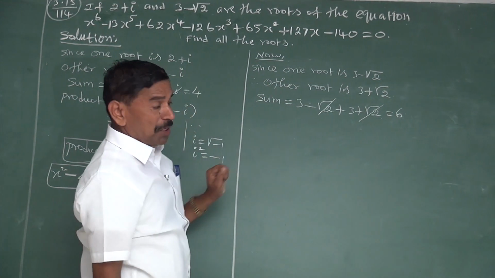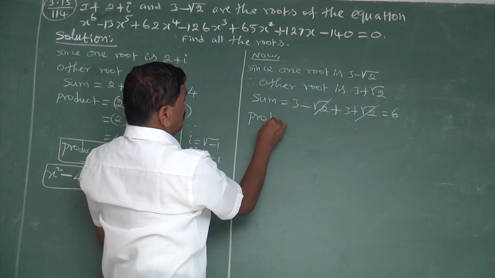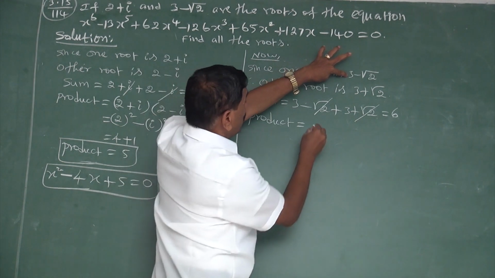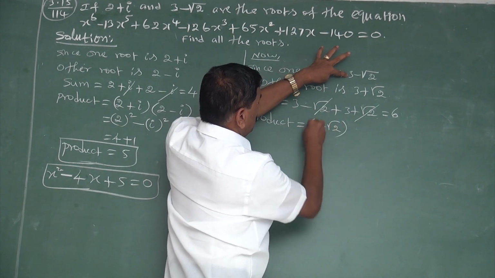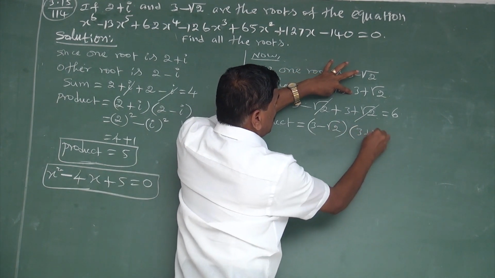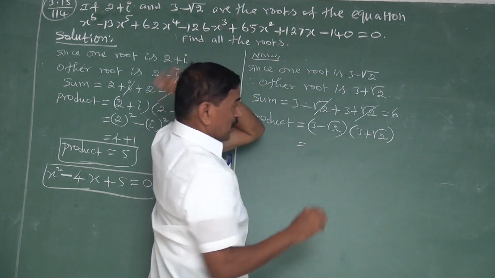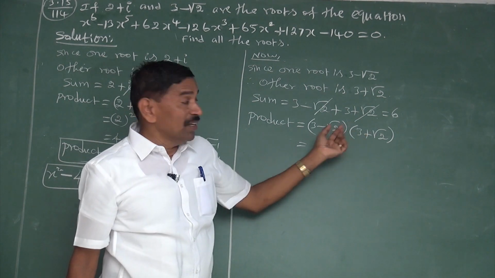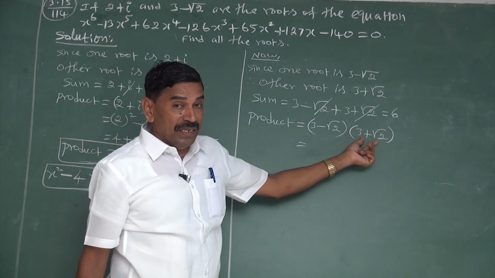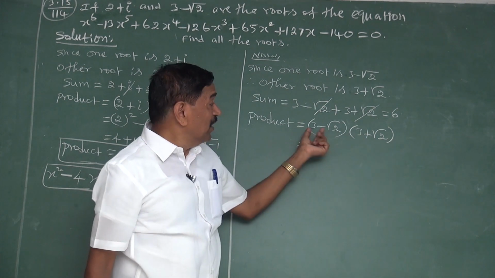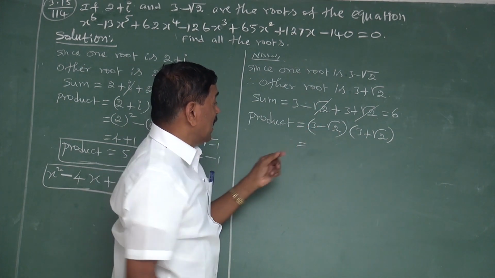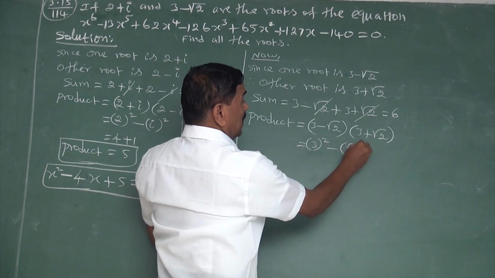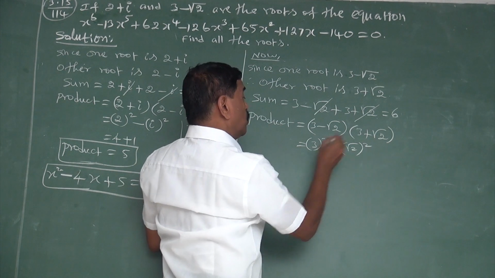Now I want to find the product of the roots. The product of the roots is equal to the first root, 3 minus root 2, into the second root, 3 plus root 2. Now again, can you tell me what form it is? Good. That is a minus b into a plus b, which is equal to, very good, a square minus b square, where a square is 3 the whole square, minus b square, that is root 2 the whole square.